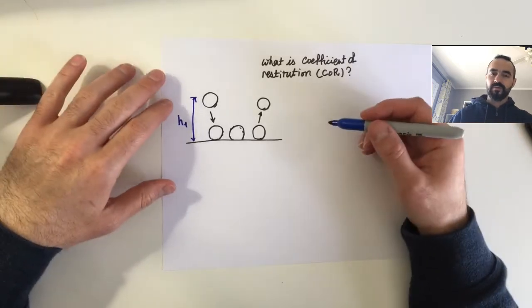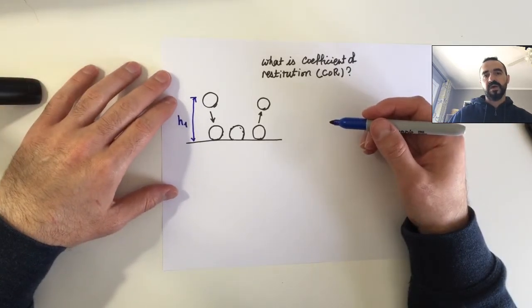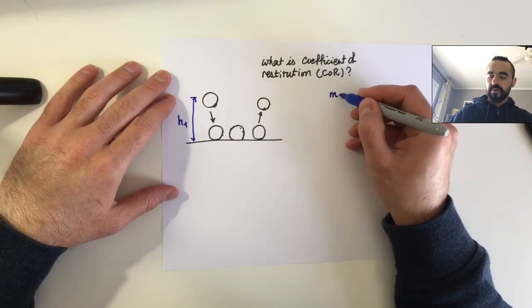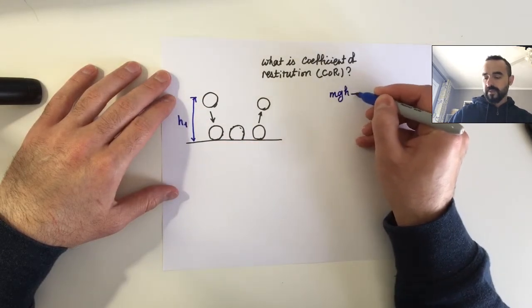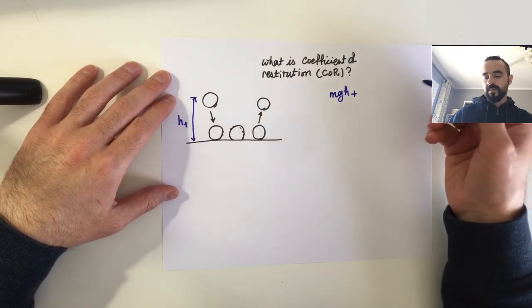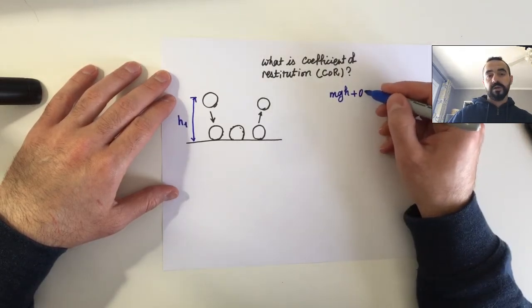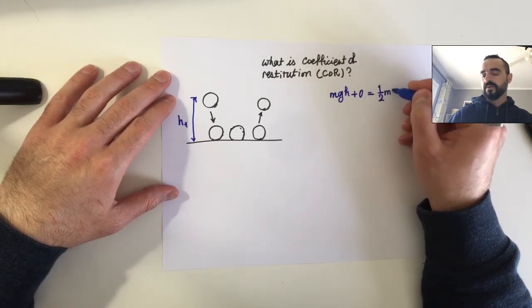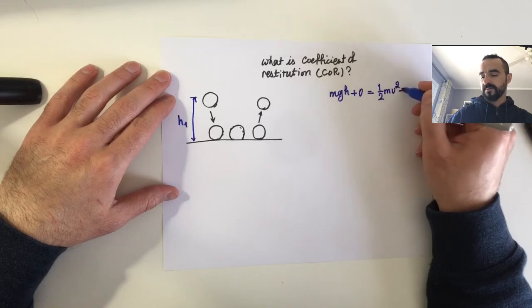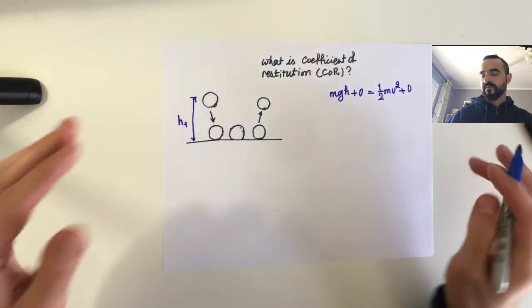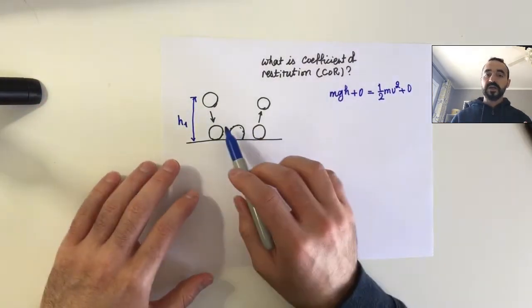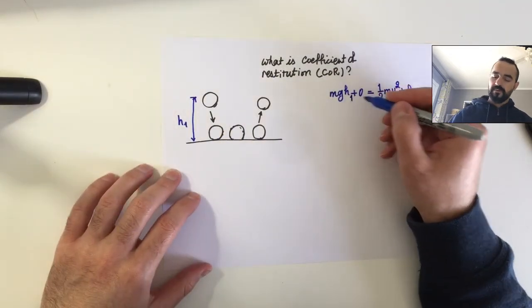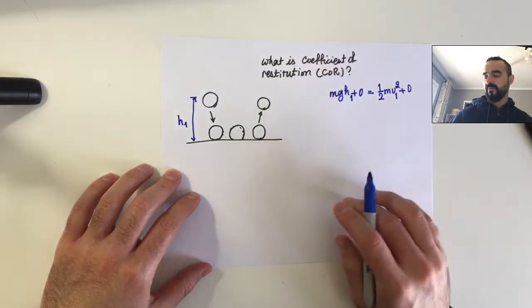So we can simply say that the initial potential energy plus initial kinetic energy, which is equal to 0 since we have dropped the ball, is equal to final kinetic energy plus final potential energy, and relate the velocity at this point to the height. So I can also add the index 1.